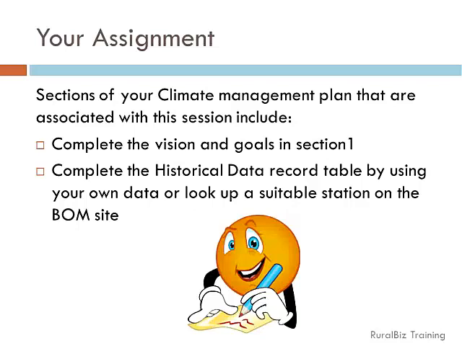Now, turning to your assignment, the sections of your climate management plan that are associated with this section include completing the visions and goals in section 1, and then complete the historical data record table by using your own data, if you're lucky enough to have your own data, or look up a suitable station on the Bureau site and put that into the record.